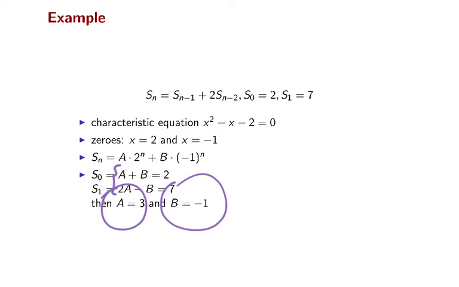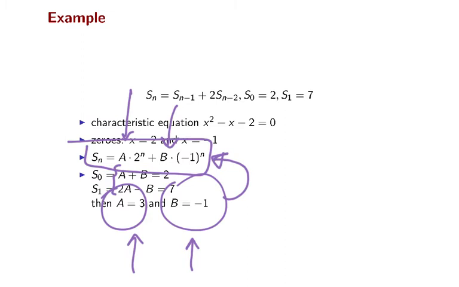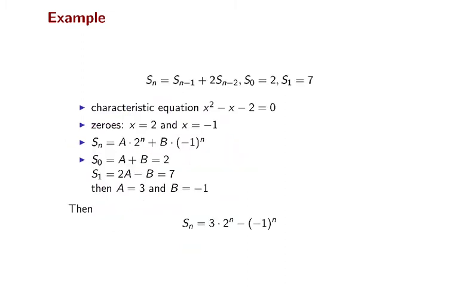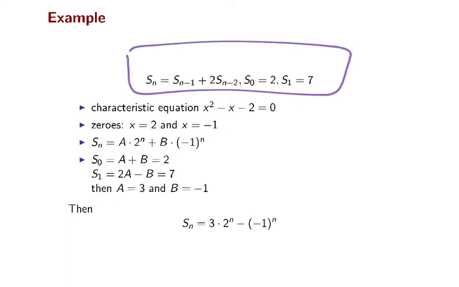With these two values, we go to the general form and calculate the particular form with these initial conditions, which is just this generic form but putting in place of a and b the two concrete numbers that you found here. So then the final closed form for this relation will be this one.